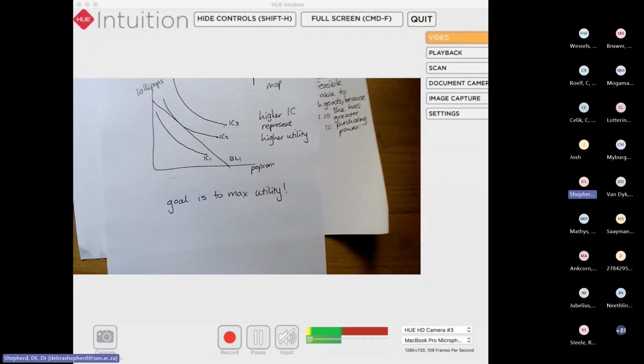IC3. Okay, so preferences identify what is optimal. Sorry, not what is optimal, what is best. Now I can see a few of you are saying IC2, and I'm going to challenge you as to why IC3 is the most preferred.